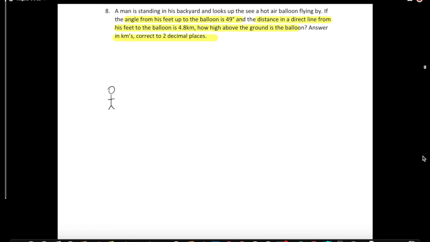Excuse my terrible drawings. So, draw the hot air balloon. Might just label that because it doesn't really look like one. Alright, so the distance from his feet to the balloon is, we're told, 4.8 kilometers.